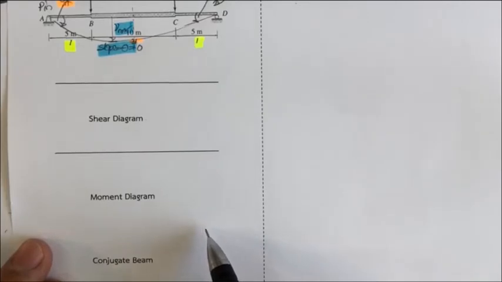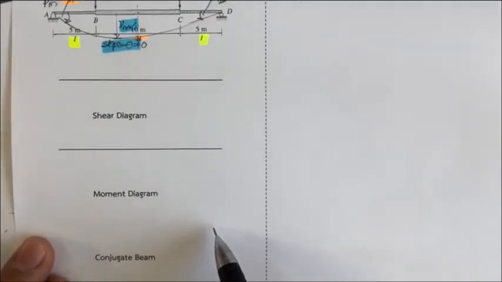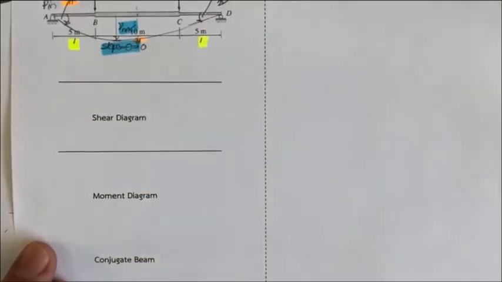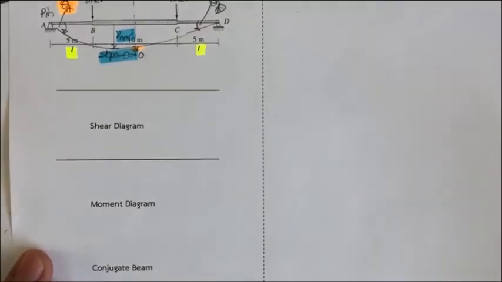The last one, we analyze the conjugate beam to determine the slope and the deflection, in which the shear in the conjugate beam is going to be the slope, and the moment in the conjugate beam is going to be the deflection. So those are the big 3 steps we should have.